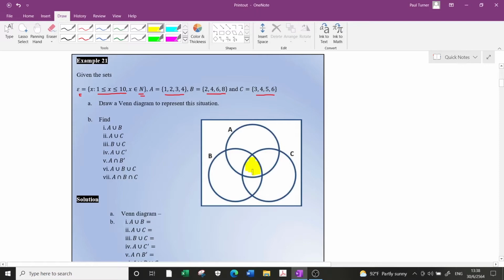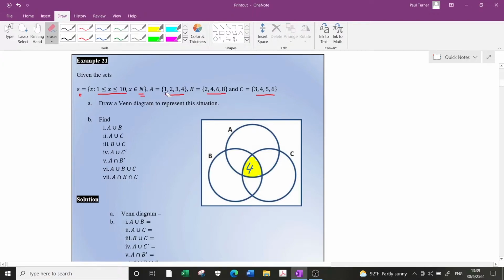In here, are there any elements that are in all three sets? We can see we have element 4. Is there any more? No. So only element 4 goes in the middle because this is shared by all three sets.